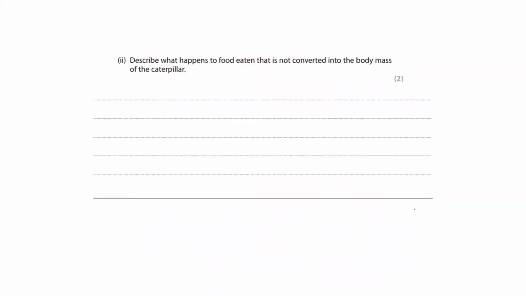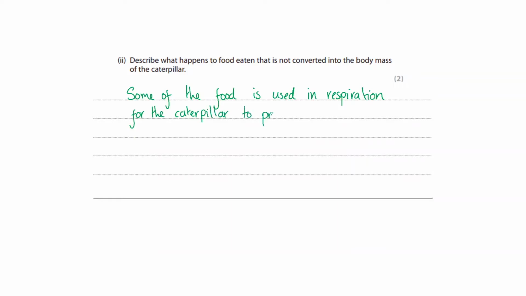Describe what happens to food eaten that is not converted into the body mass of the caterpillar. So obviously some of it's used for respiration. So some of the food is used in respiration for the caterpillar to produce energy for itself.